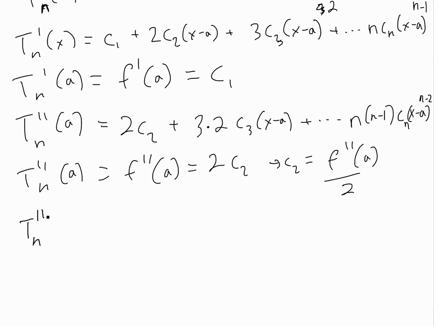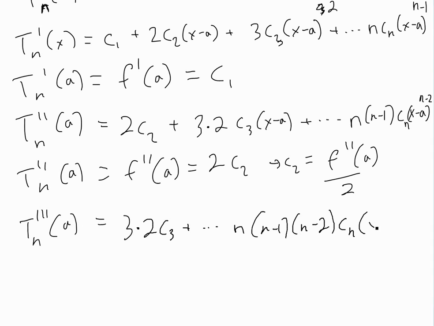Let's take the triple prime of a. This one is equal to, well, this one just cancels out. This derivative here is 3 times 2 times c3 plus, keeps going on. We'll just ignore the 4 and whatnot. So here we'll get n times n minus 1 times n minus 2, bringing it down using the power rule, cn (x minus a) to the n minus 3.